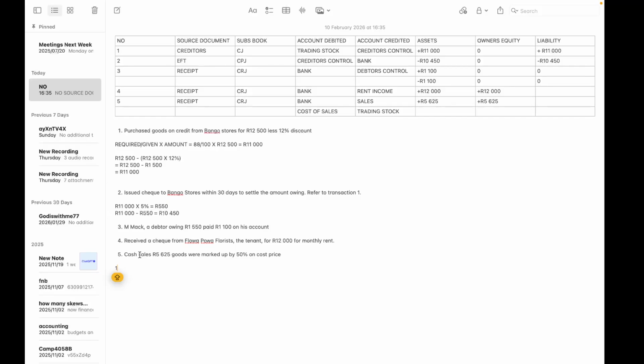Wait, if our cash sales are marked up by something, what is it then? Okay, wait, I'm a bit confused by this.